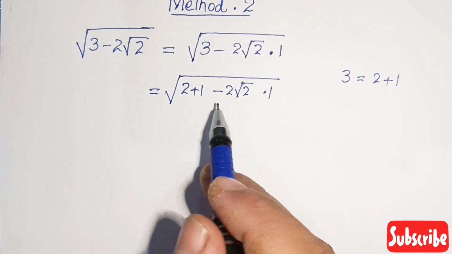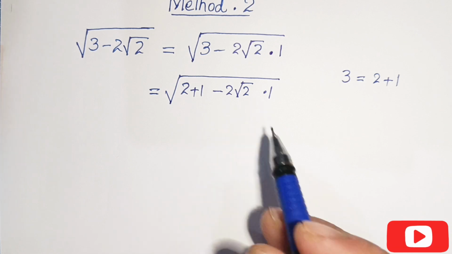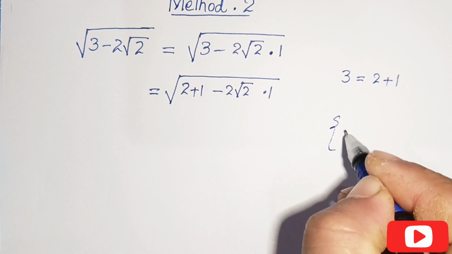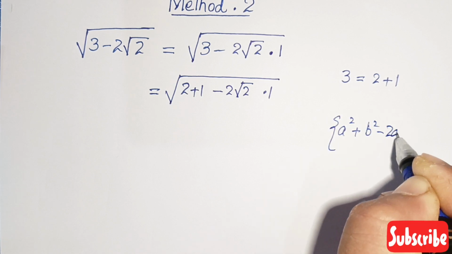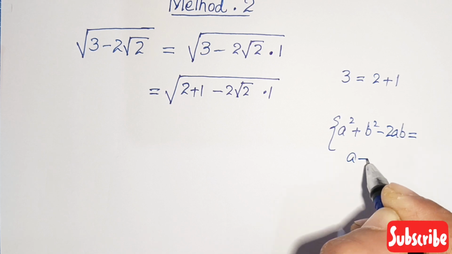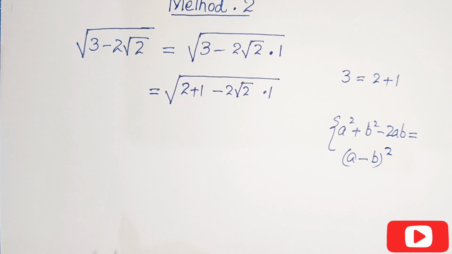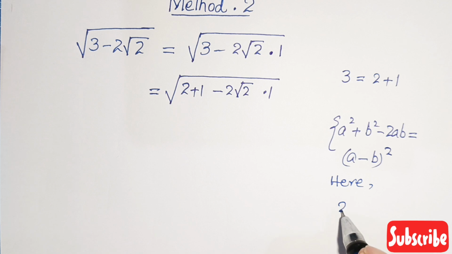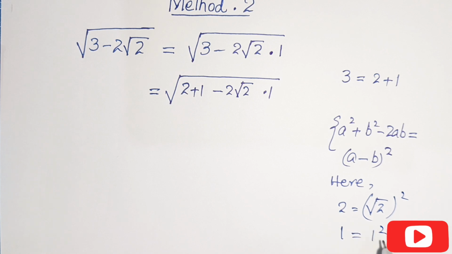Now we want to write this expression as a perfect square, using the algebraic formula a squared plus b squared minus 2 times a times b is equal to a minus b whole squared. So this 2 can be written as square root of 2 whole squared, and similarly this 1 is 1 squared.